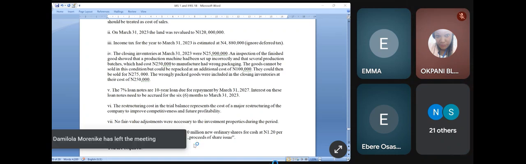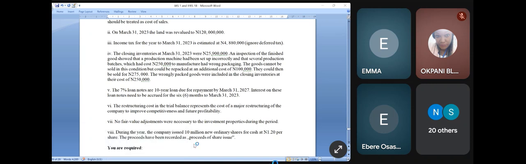But remember, the additional cost is 100,000. Now, what is the exact cost? If we are going to sell for 275, what is the exact cost of repackaging? The exact cost of repackaging will be 275 minus the 100.